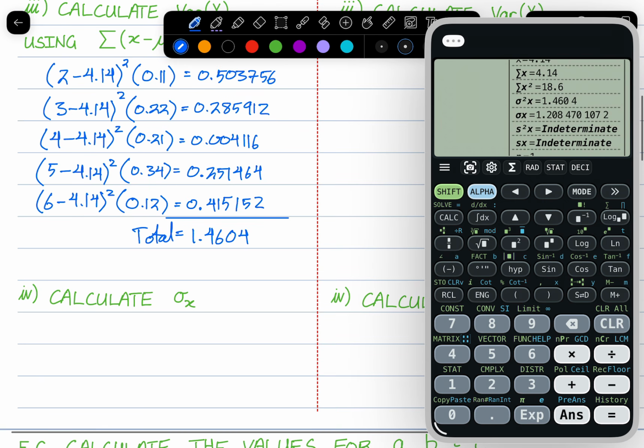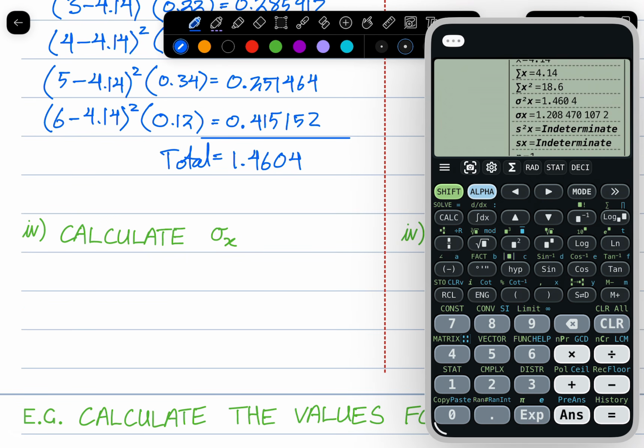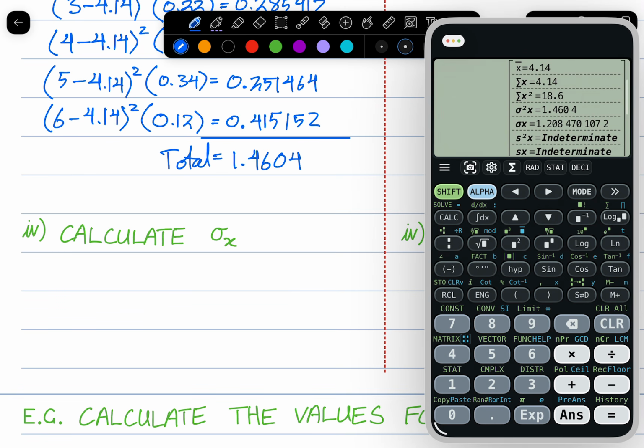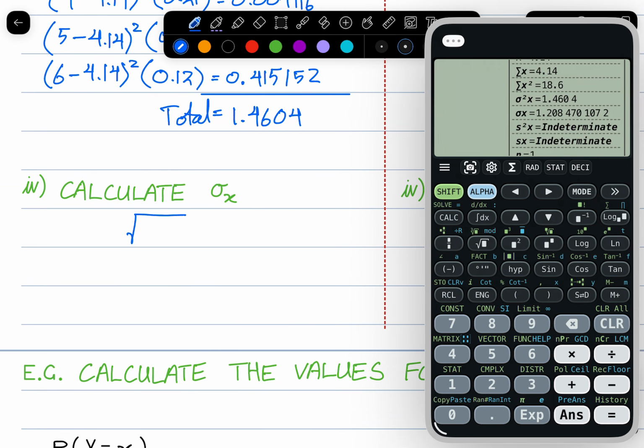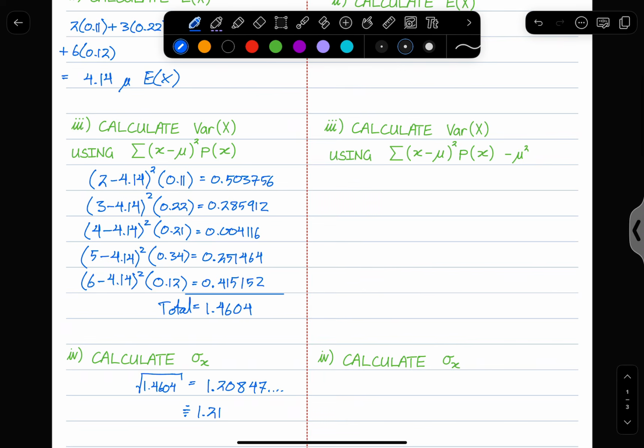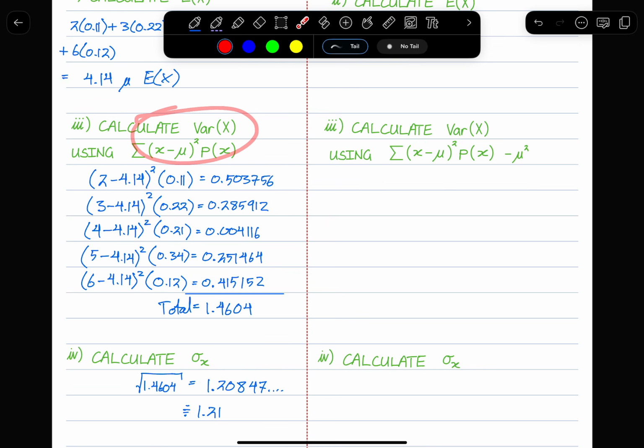And again, I can see here in my calculator, the sigma x, if we now just take the square root of 1.4604, I can already see in my calculator here, it gets me 1.20847, which approximates down to 1.21. And that is an example using this formula.